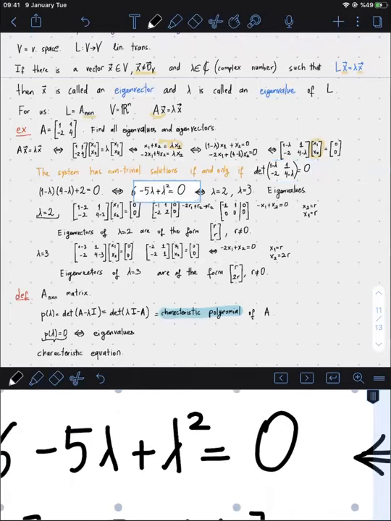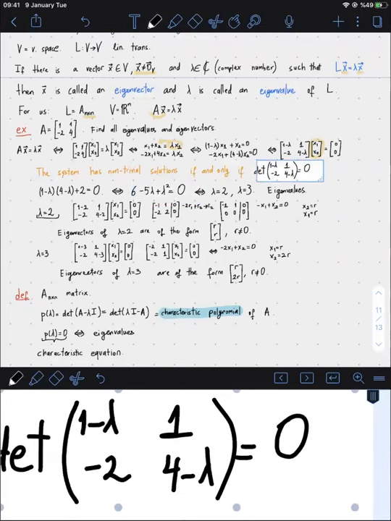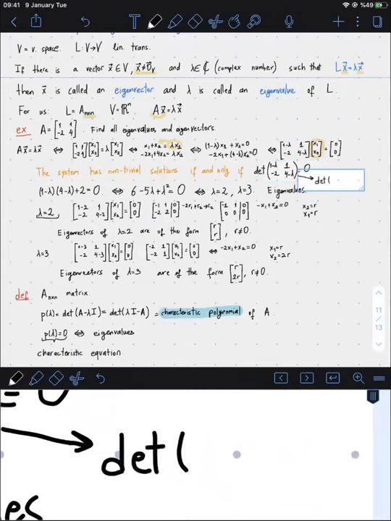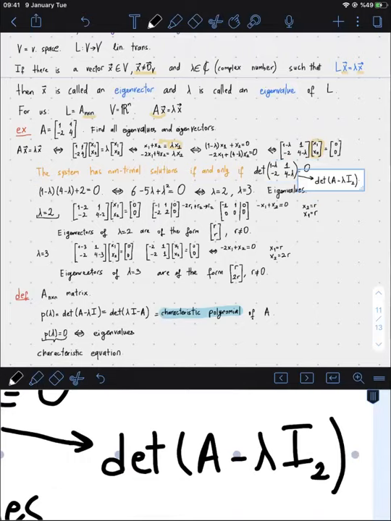But what is this matrix? It is basically A minus lambda times the identity, the determinant of A minus lambda times the identity matrix. Of course, this is the 2 by 2 identity matrix, because A is a 2 by 2 matrix, and I can only subtract 2 by 2 matrices from it. So that's the way of computing the eigenvalues.